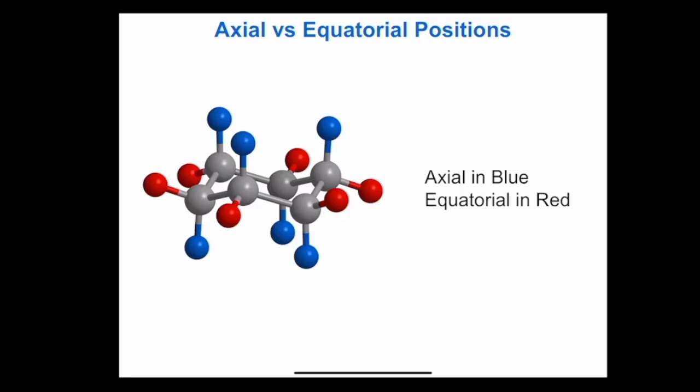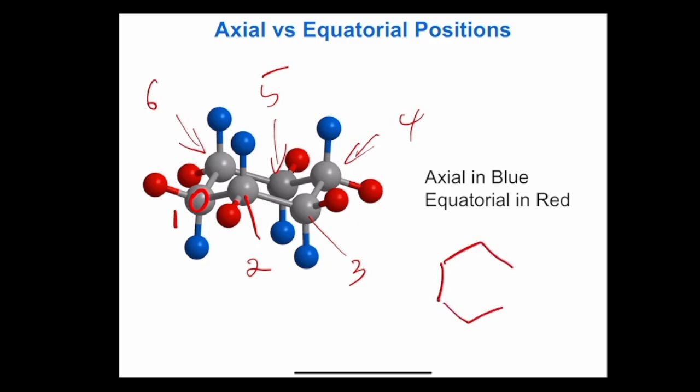Okay? So once again, just for our colors, if we look at the core template, you've built that up. Axials will be up and down away from the ring, and if you count around the ring, if I started and added this as carbon 1 right here, here's carbon 2, 3, 4, 5, and then back here 6, that's like counting around this ring 1, 2, 3, 4, 5, and 6.